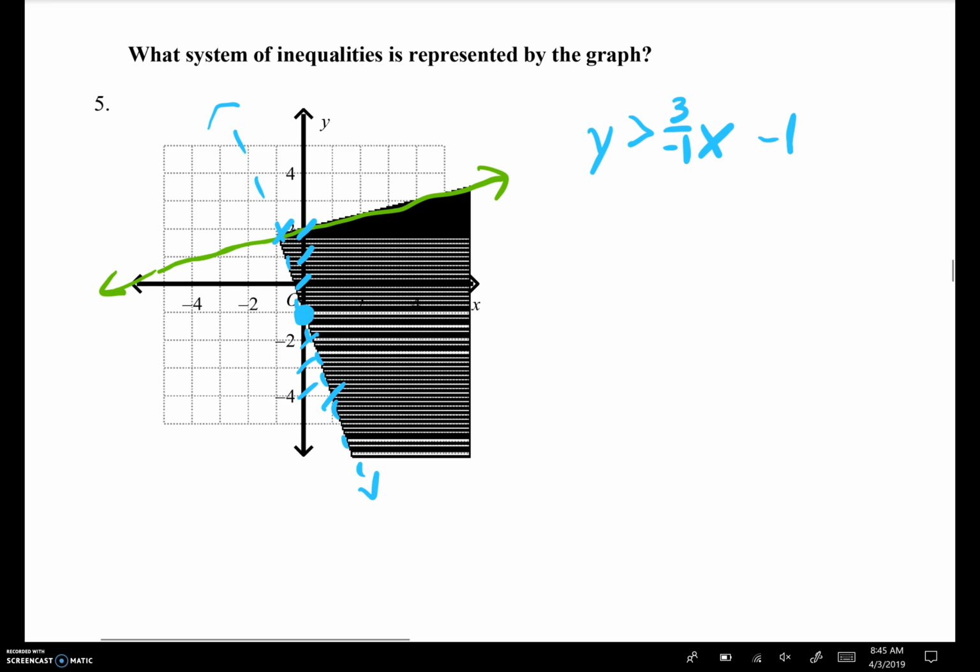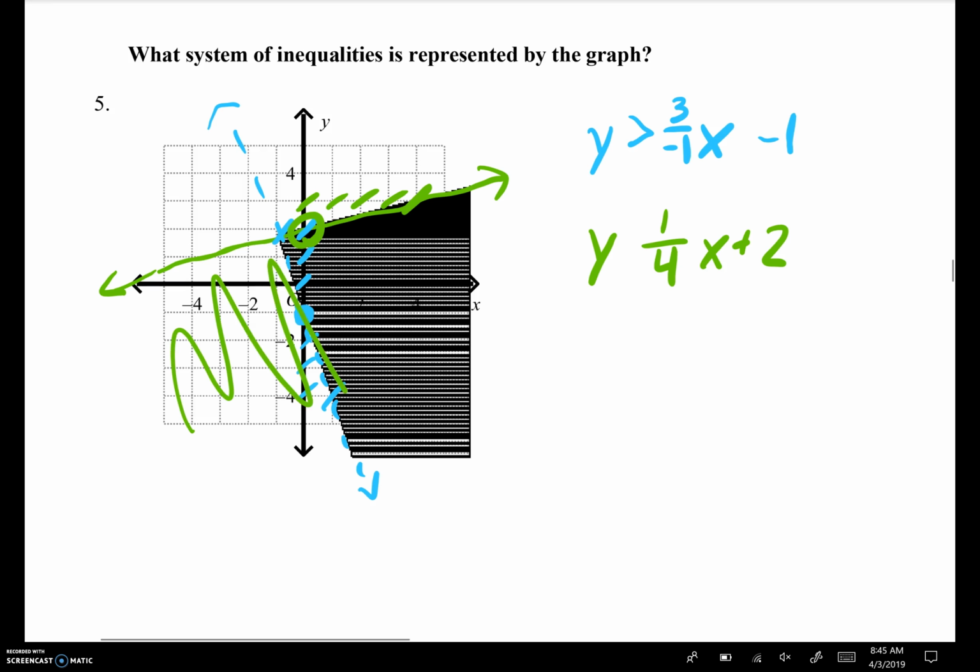Green line. I started at 2. There's that y-intercept again. My slope is up 1 over 1, 2, 3, 4, so 1 over 4. I rose 1, I ran 4. Now, did I shade above or below?